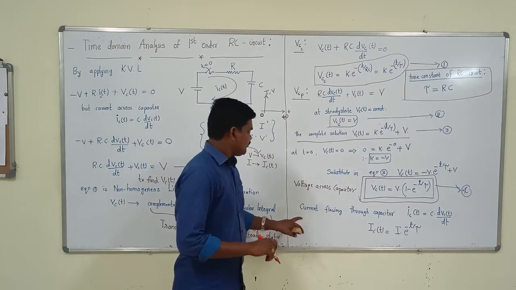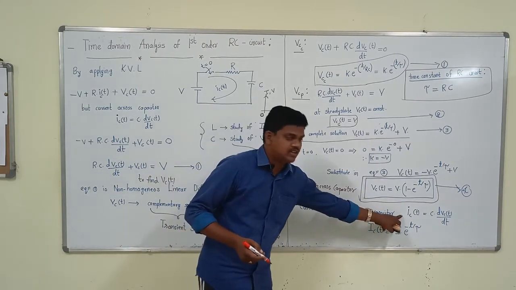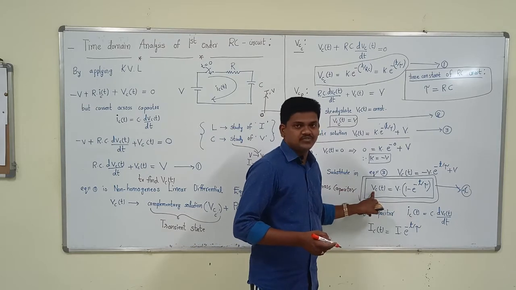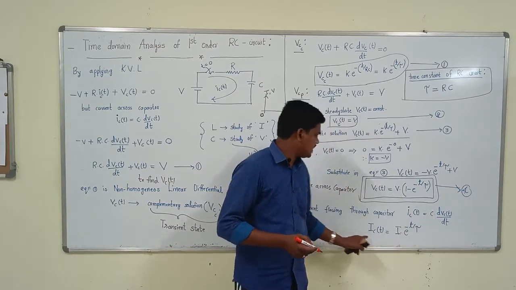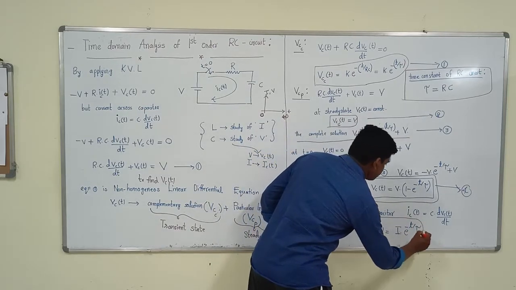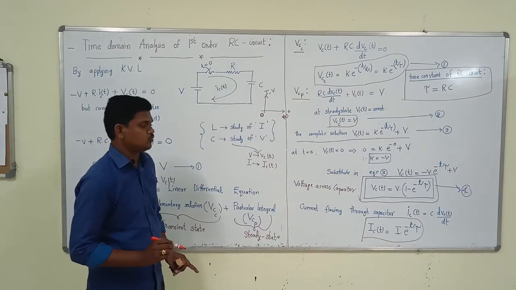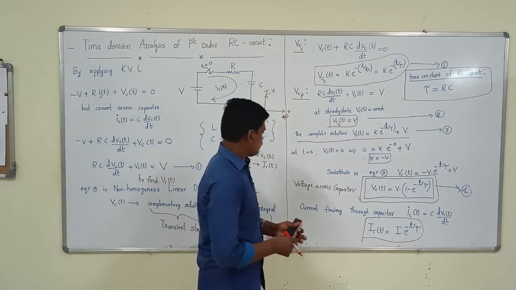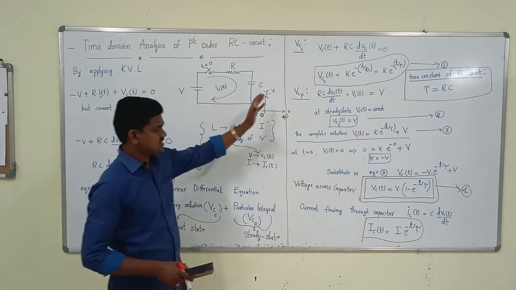From that, you can directly substitute for Ic of t. Already you know Vc of t, the capacitor voltage. By differentiating this, finally we will get the current through the capacitor. We will get Ic of t equal to I into e power minus t by tau. So this is the time domain analysis of a first order system.